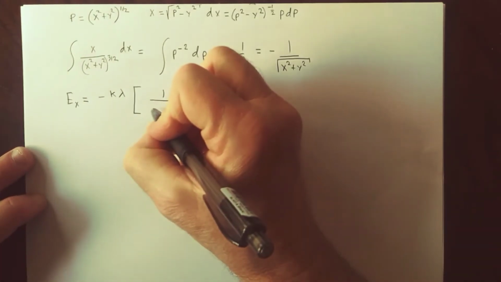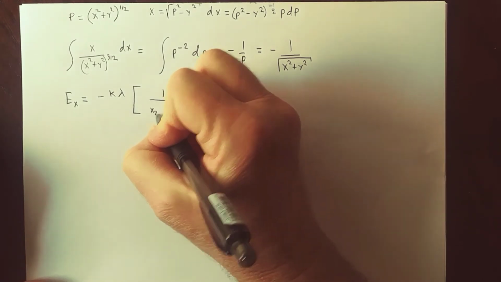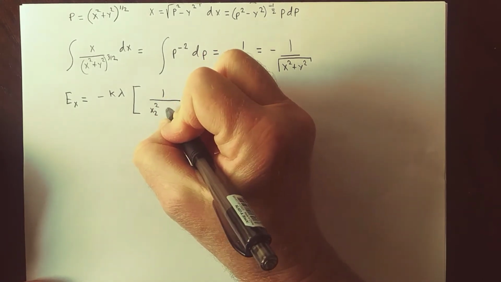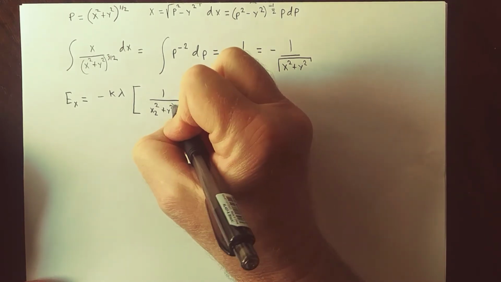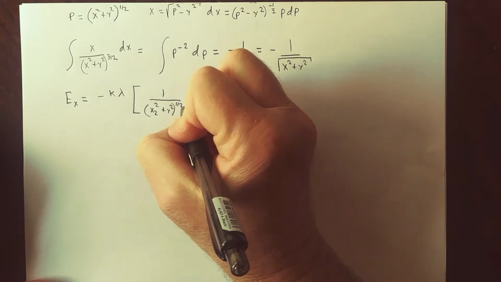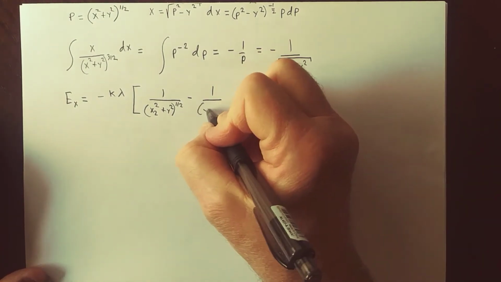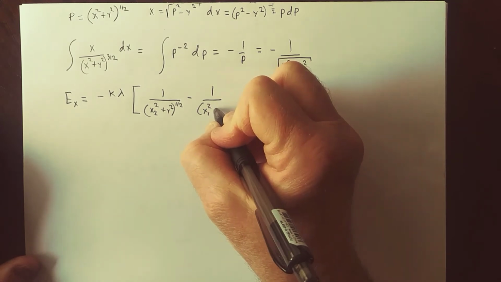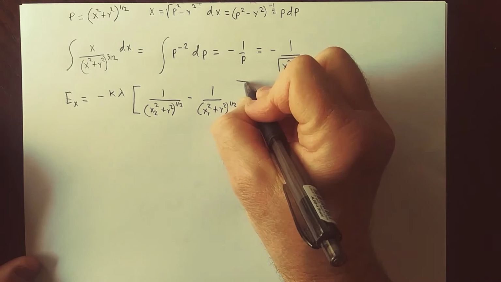One is minus infinity and the other is infinity, but let's just leave them as x2 squared plus y squared to the 1/2 minus 1 over x1 squared plus y squared to the 1/2.